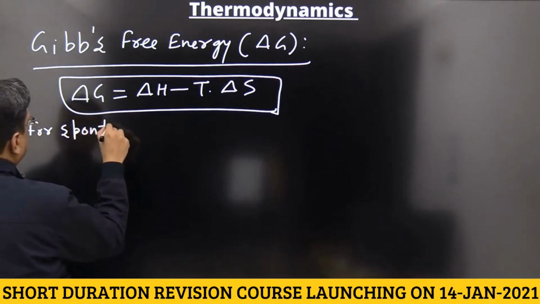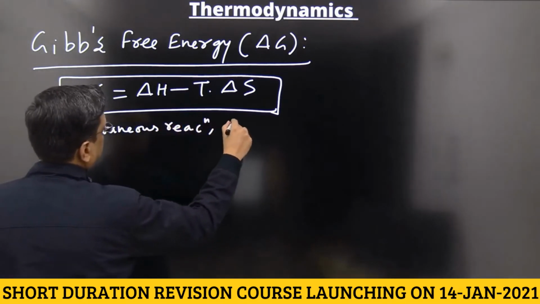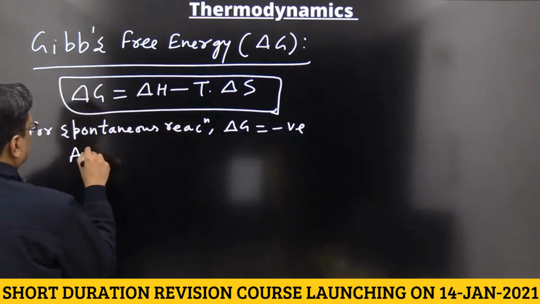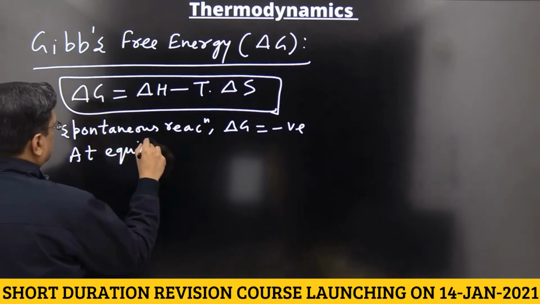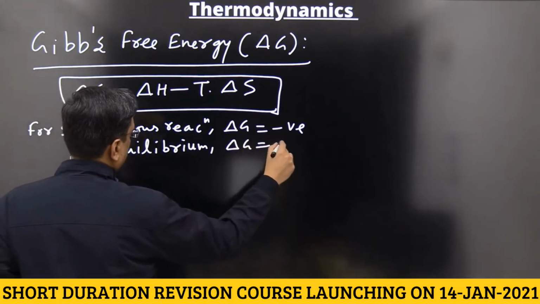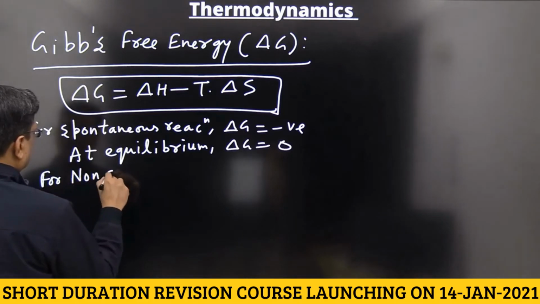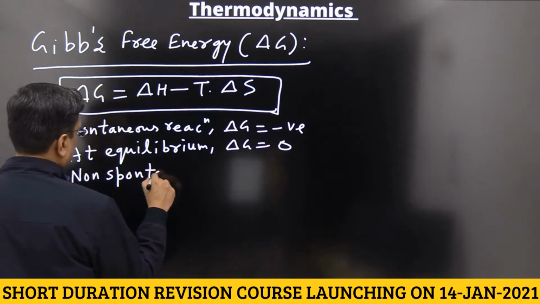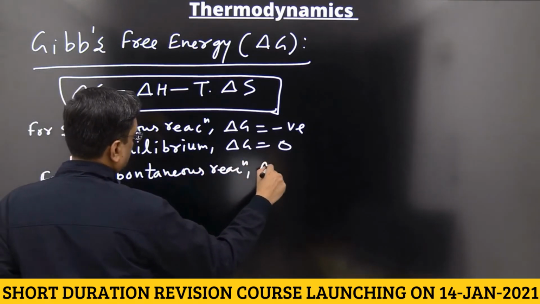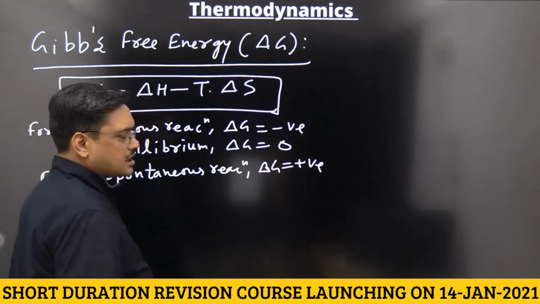For a spontaneous reaction, delta G should be negative.